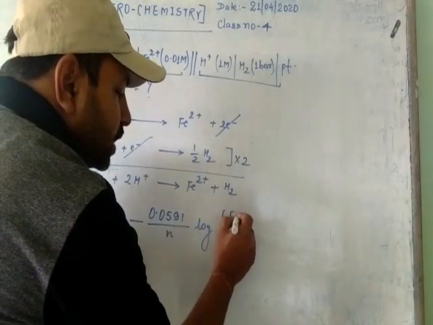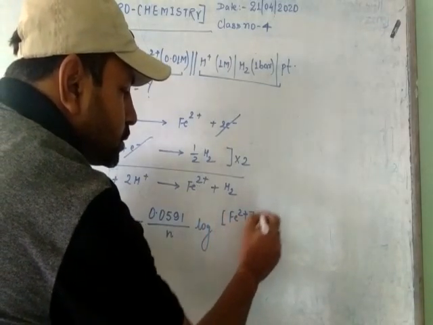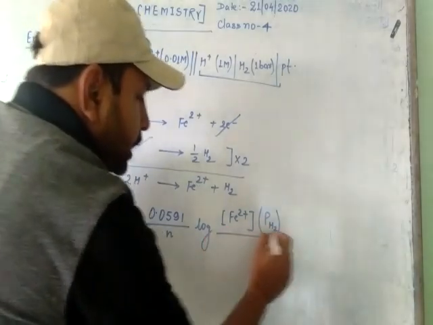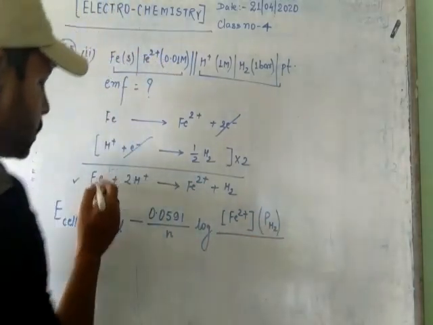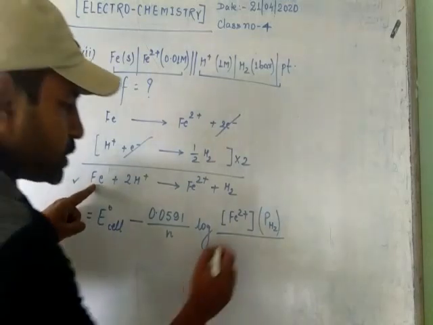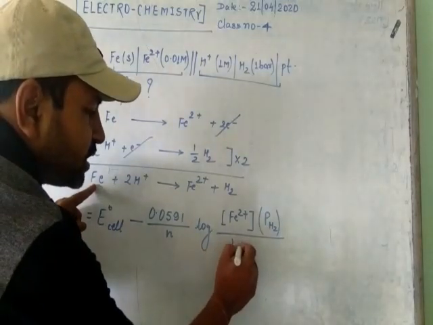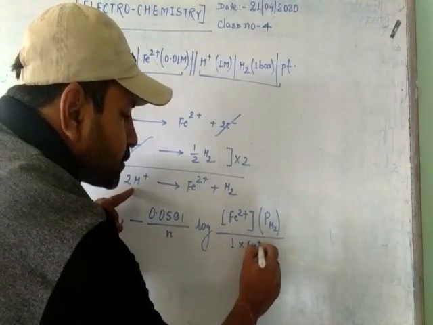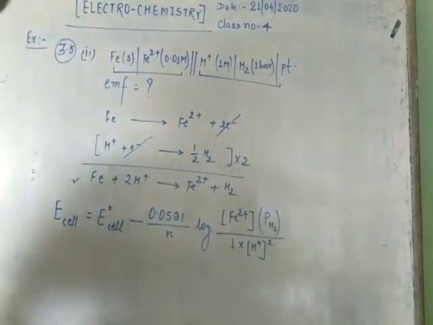So Fe2+ times the pressure of H2, divided by Fe. Fe is solid, students, so its concentration is taken as unity, and H+ squared.